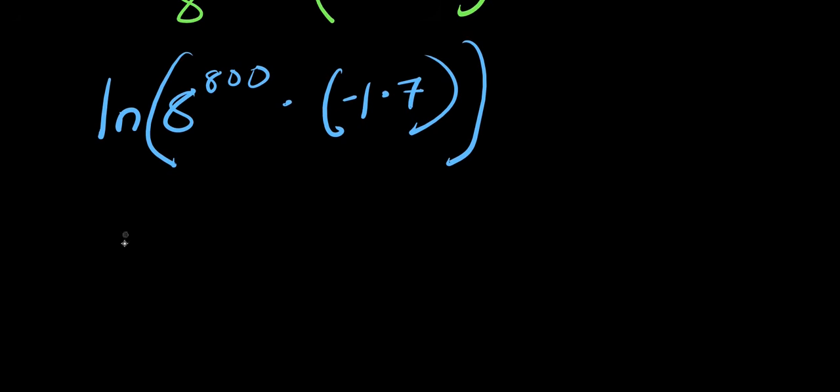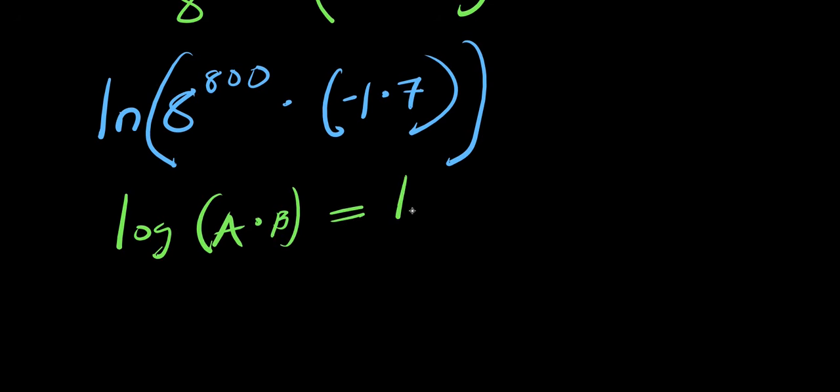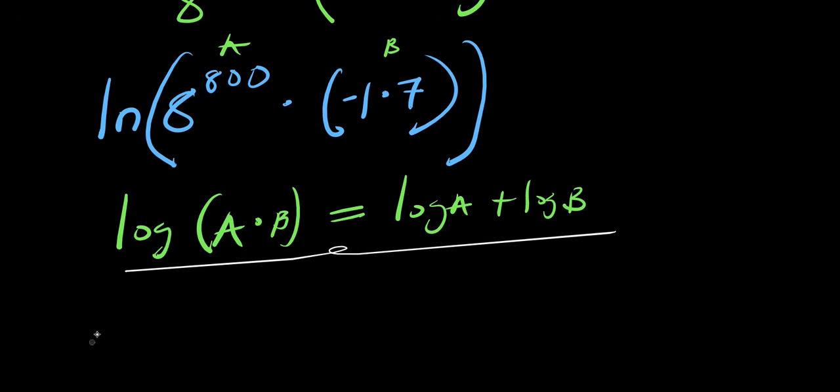I apply the logarithm property. You have log a times b. This equals log a plus log b. This is my a, the whole of this is my b. So what I'm going to have is, this property here is also applied to natural log.